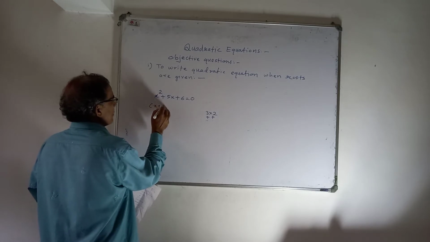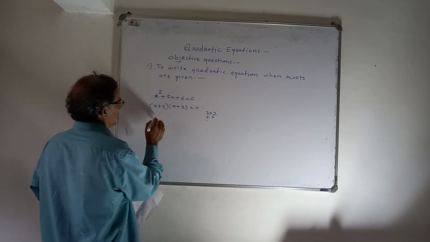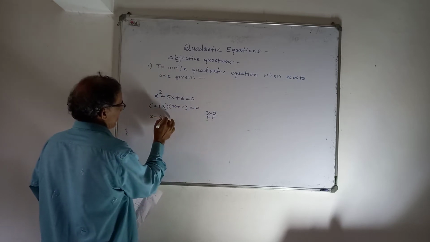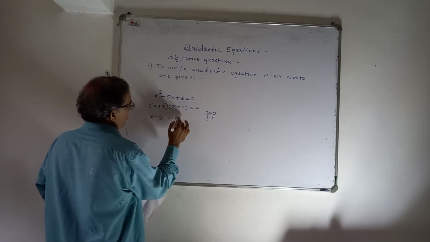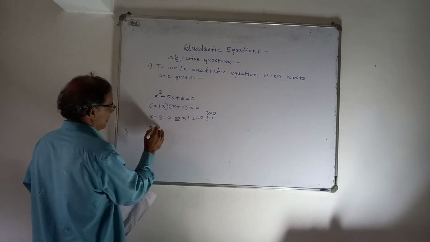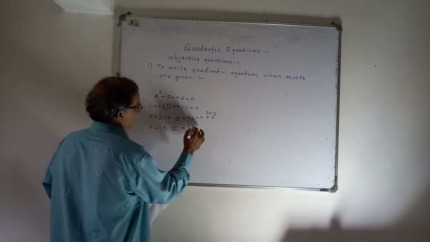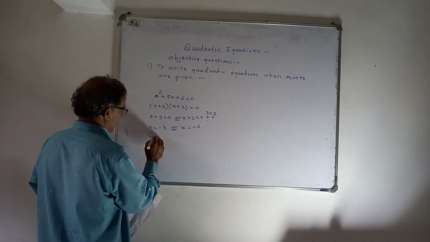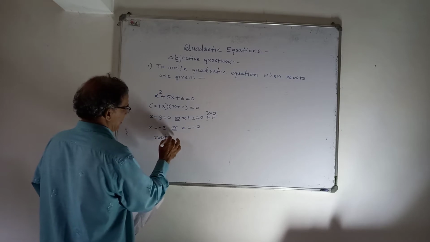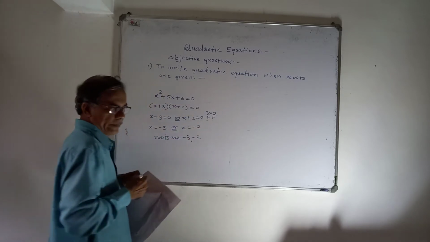We write here (x plus 3) into (x plus 2) is equal to 0. x plus 3 is equal to 0 or x plus 2 is equal to 0. x is equal to minus 3 or x is equal to minus 2. And we write roots are minus 3, comma, minus 2.